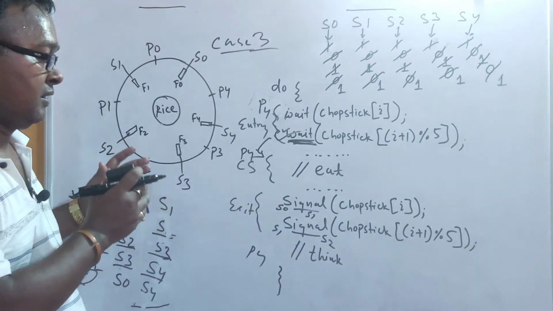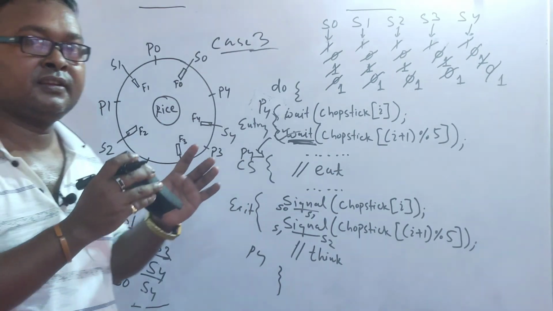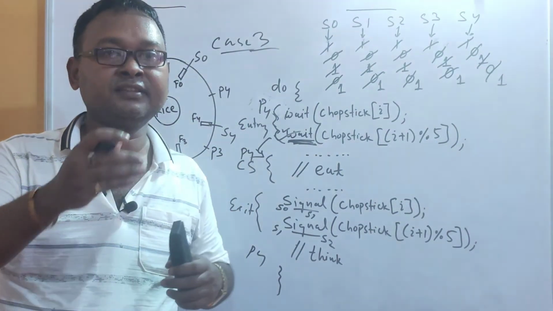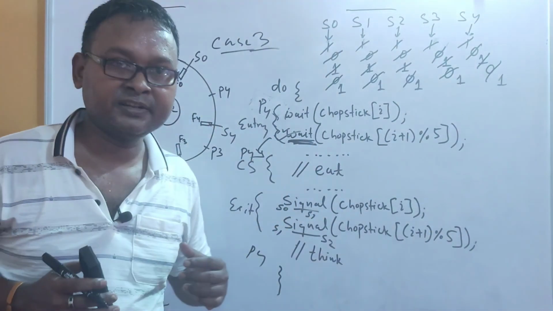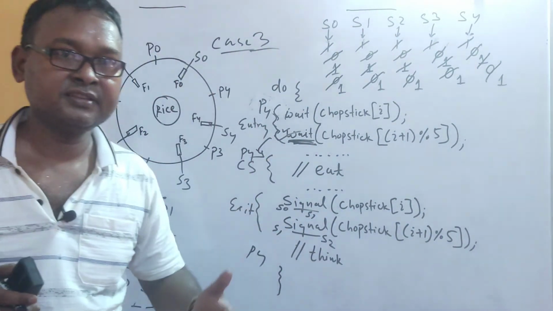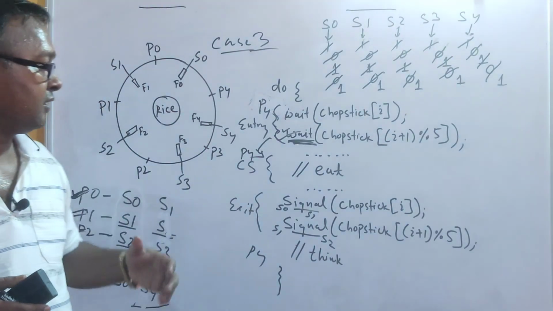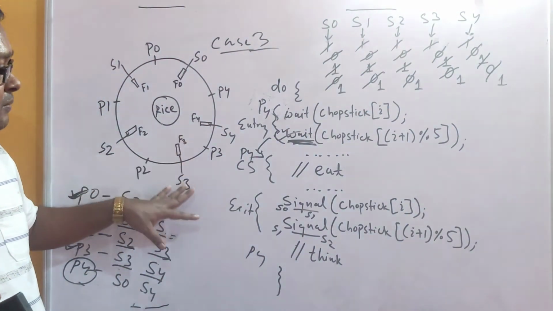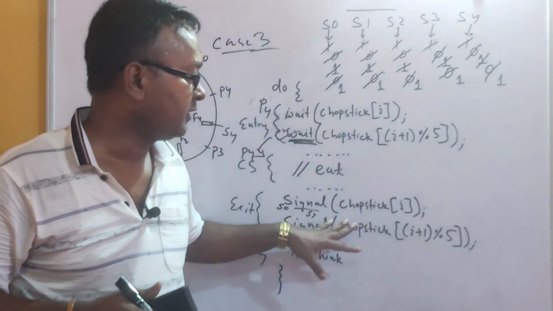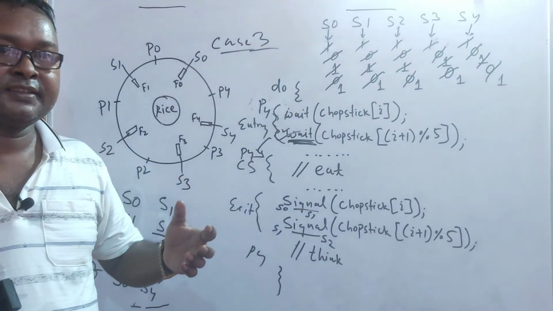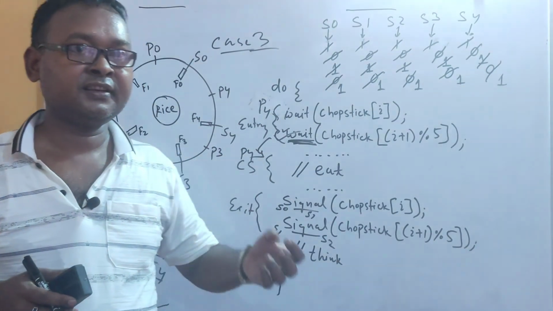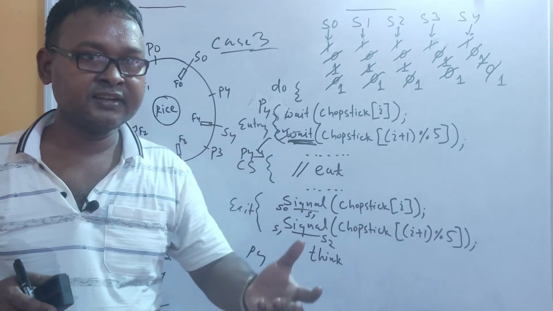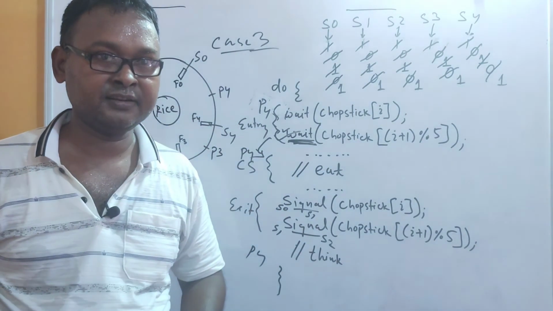The same solution is there in your operating system for process synchronization. Okay, so by using the semaphore in this manner, we can achieve process synchronization. That means starvation, race condition, and deadlock condition are avoided.